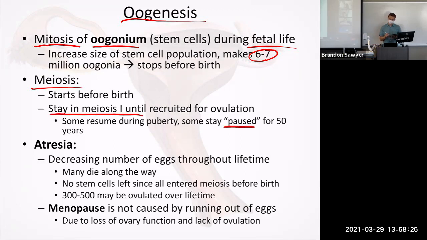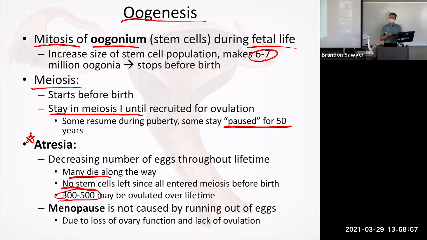Some can stay paused in this stage of meiosis for 50 years, and most of them are never actually recruited for ovulation. This idea of atresia in females is the idea that there's an always decreasing number of egg cells throughout a woman's lifetime. Many of the eggs die along the way, and there are no stem cells left to replace those, so the number is just falling.